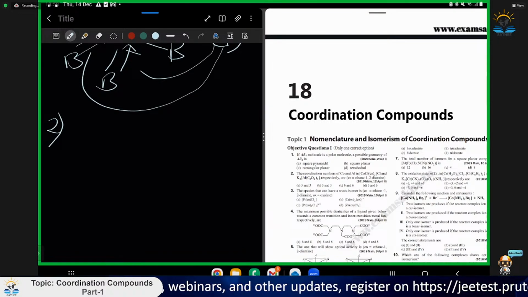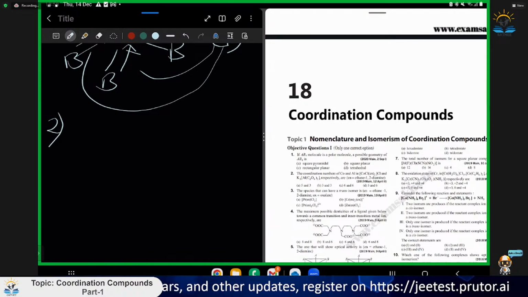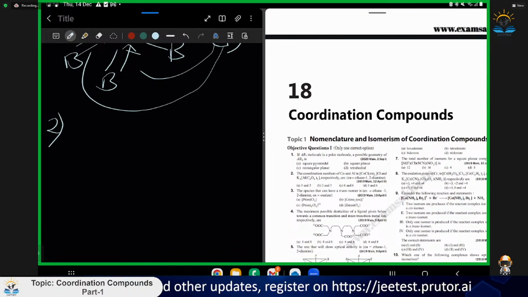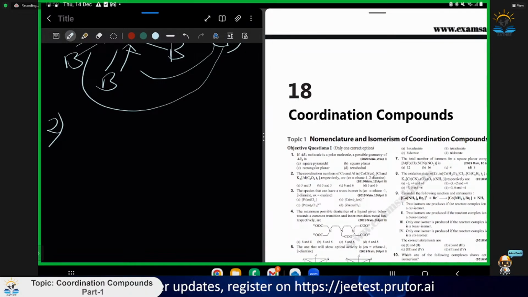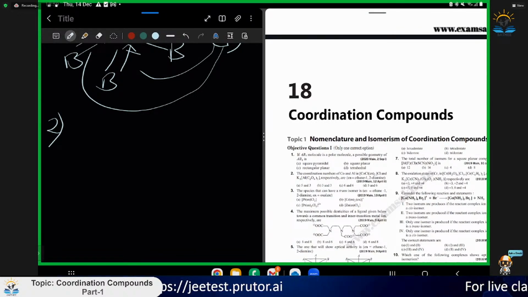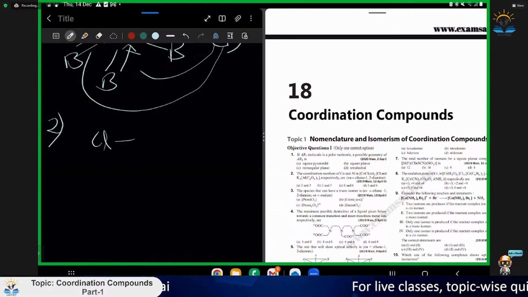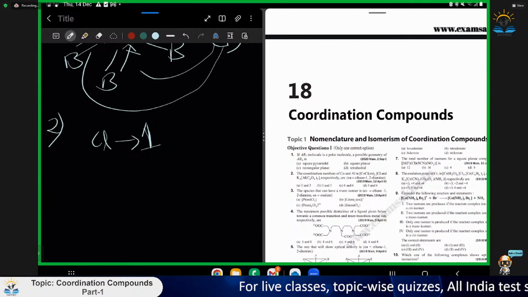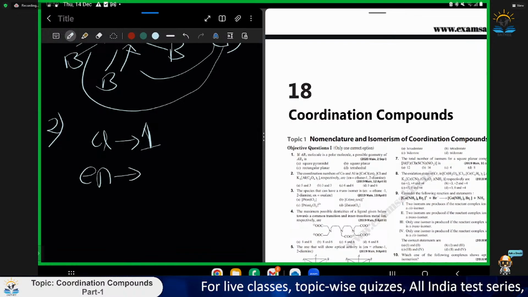The coordination numbers of cobalt and aluminium in Co(en)2Cl2 and K3[Al(C2O4)3] respectively are. Denticity is how many lone pairs it is donating. Cl has denticity 1, en has denticity 2.